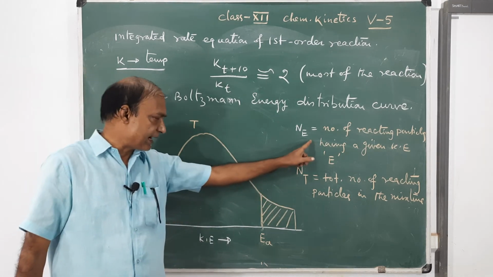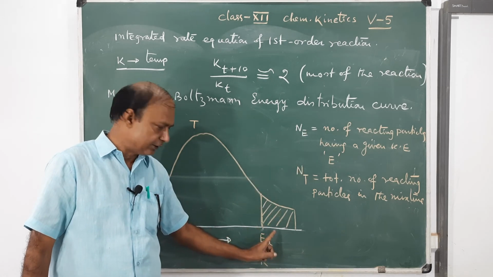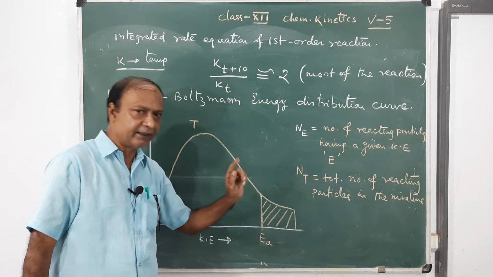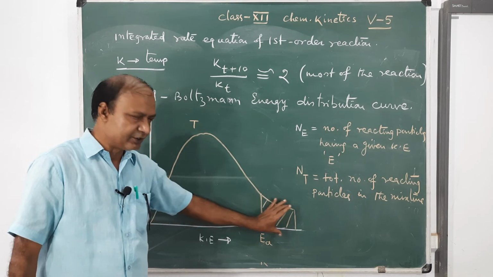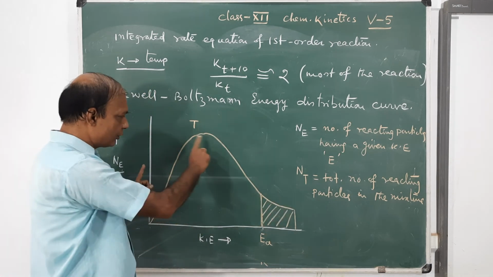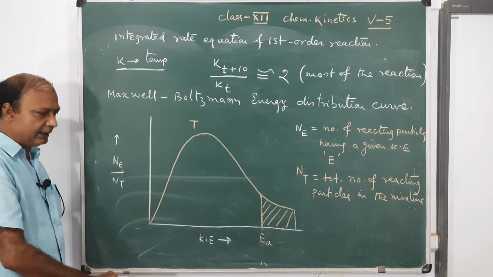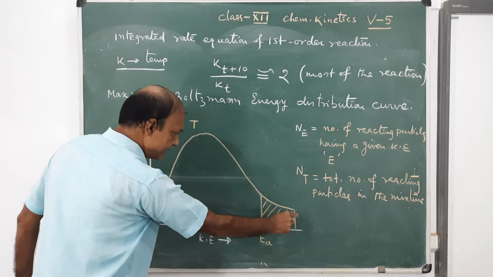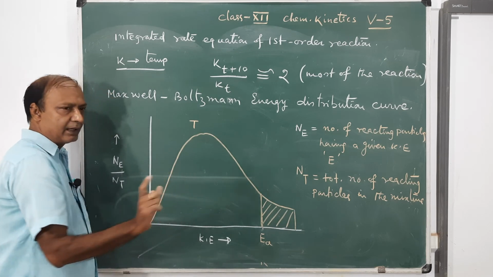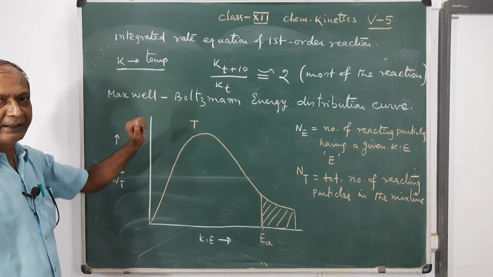The total value is 1 because the total value of the fraction is 1. So the area under the curve is constant, whatever the temperature.